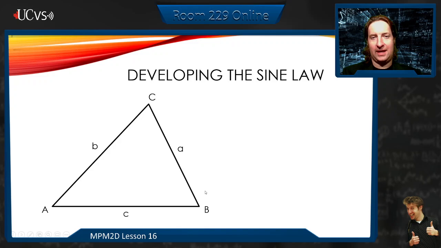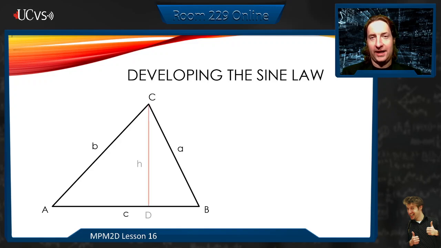Notice the capital letters represent the angles, and the lowercase letters denote sides. Always keep that in mind. If you see a capital letter, it means it's an angle measured in degrees. And if you see a side, it's a length measured in whatever units they give us.